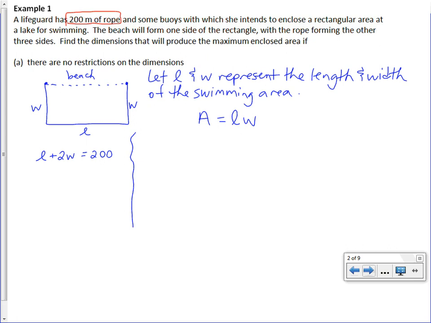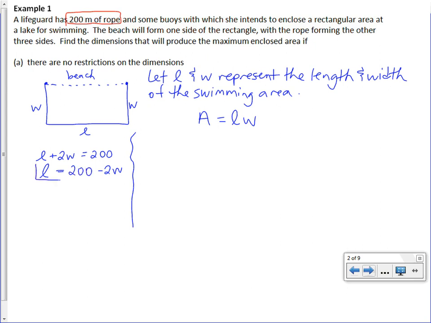L is a bit easier, it doesn't require any dividing, right? But you could, if you really like, I want to isolate W, you could. But it's just going to be not as clean. But L's easy. If I isolate L, it's just going to become 200 minus 2W. Don't make a silly mistake and divide by 2W. That would be bad. Okay, so 200 minus 2W.